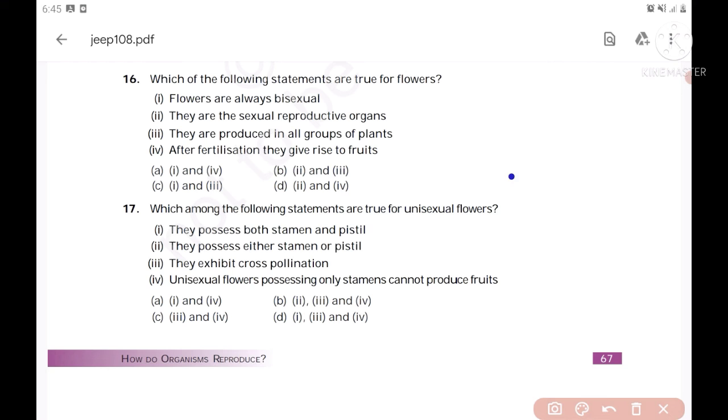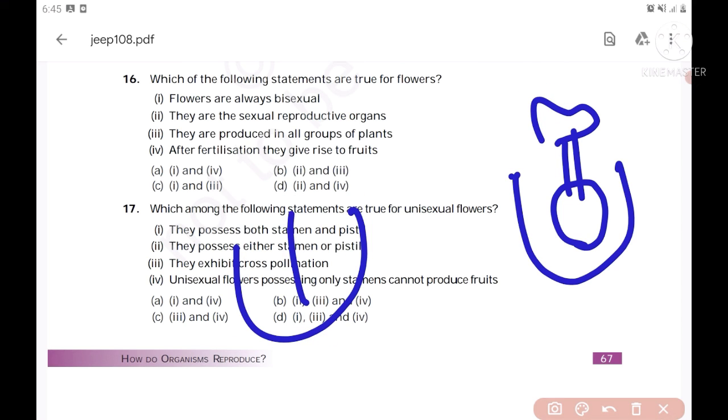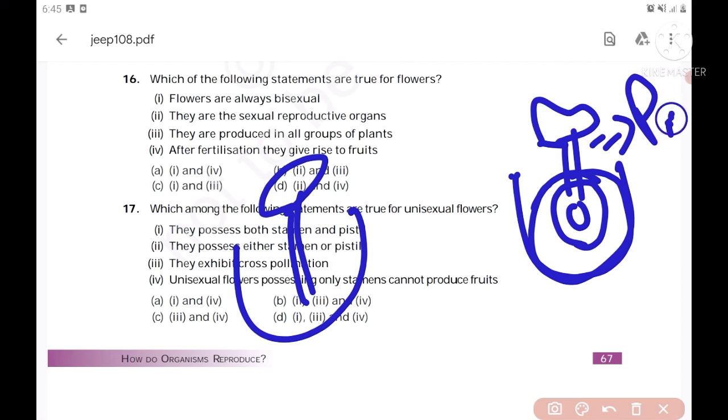Okay. Now you have a flower which has a pistil, and another flower which has stamen. Now in which part does a fruit get developed? In the ovary, because of the ovule, right? The part which contains the ovary is the pistil.